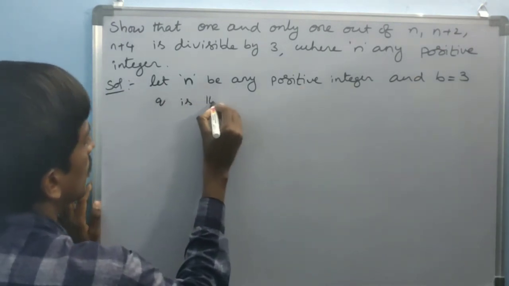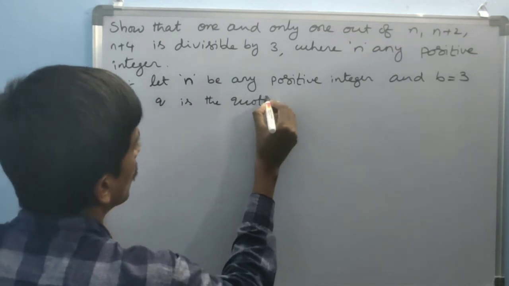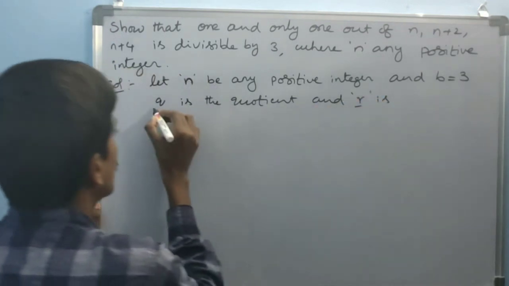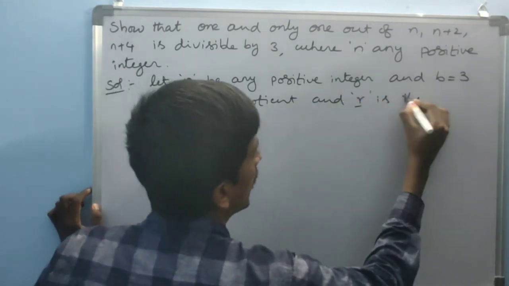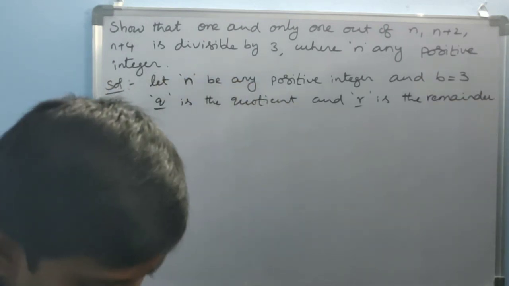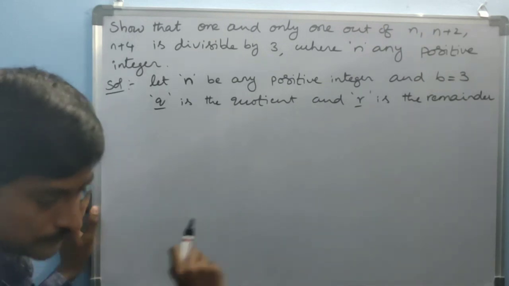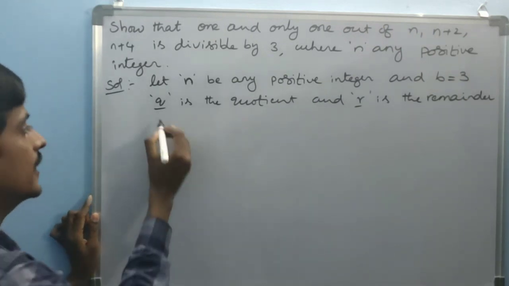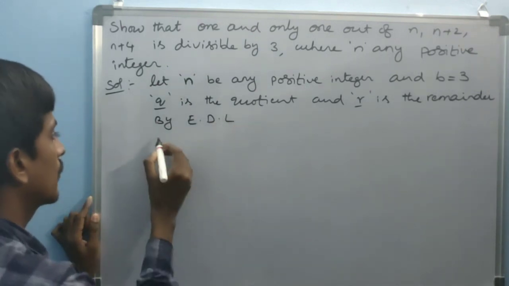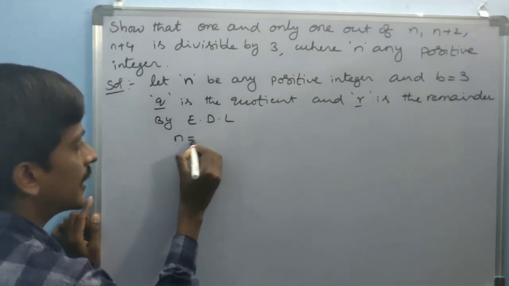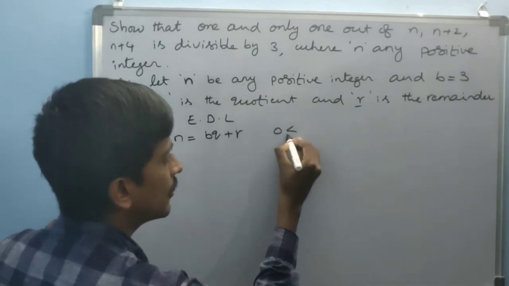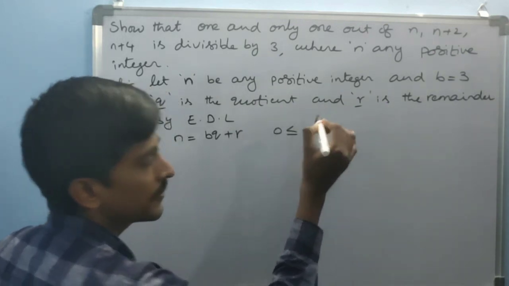Q is the quotient and R is the remainder. So by Euclid's division lemma, what is Euclid's division lemma? a equals bq plus r. The condition is 0 less than or equal to r less than b.